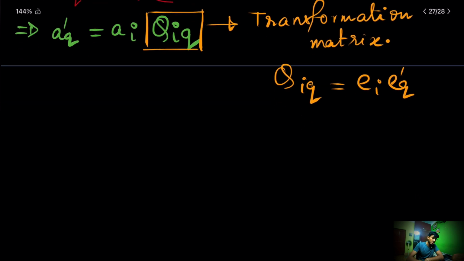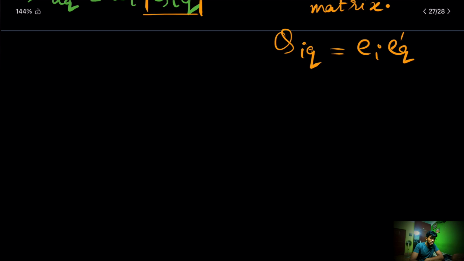So this was for a vector. Now if we have to do the same exercise for a tensor, that is, the components of the tensor will also be changed if we change the coordinate axis. So let us explore that situation. Firstly, if I have a tensor K, I will denote the tensor by 2 overbars, a second order tensor.